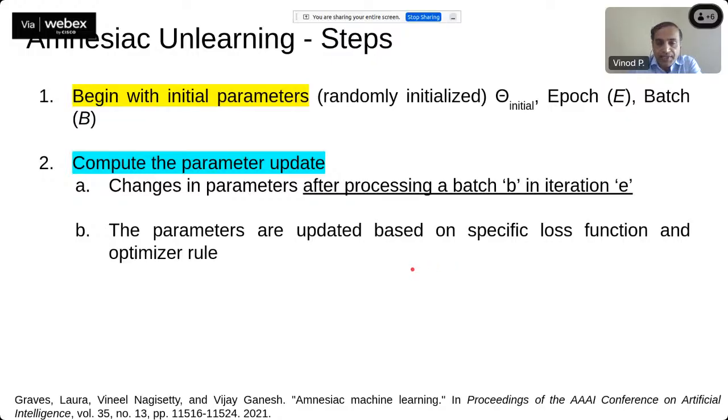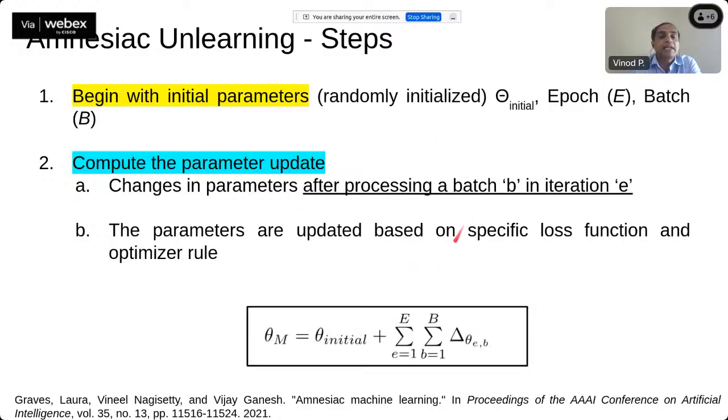In essence, we can summarize the training process mathematically: we would like to build a model M consisting of parameter theta, which starts with the randomly initialized parameter, and to this we keep on adding the changes, which is represented here with a single delta.